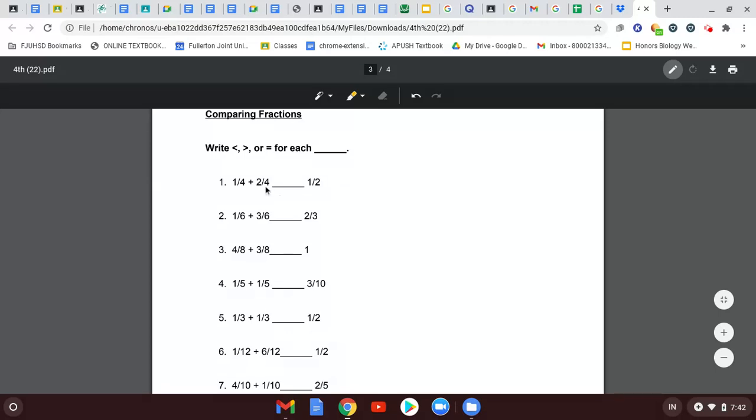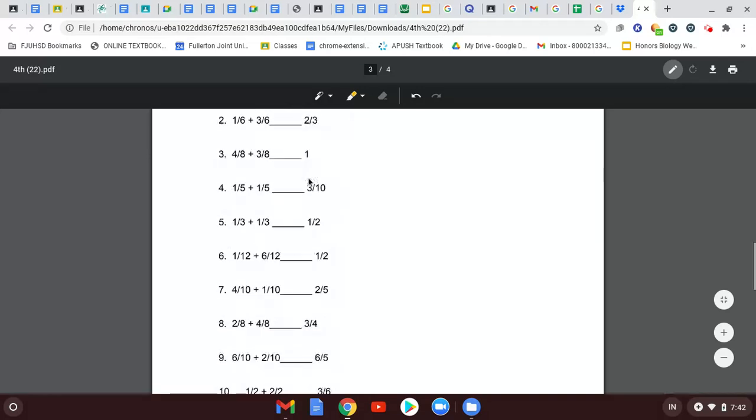Okay, so if you compare these, it would be 3 over 4, right? And then we would convert 1/2 into 2 over 4 because you would multiply it by 2 in order to get a common denominator. Then after this, you will learn that 3 over 4 is definitely bigger than 2 over 4. Okay?